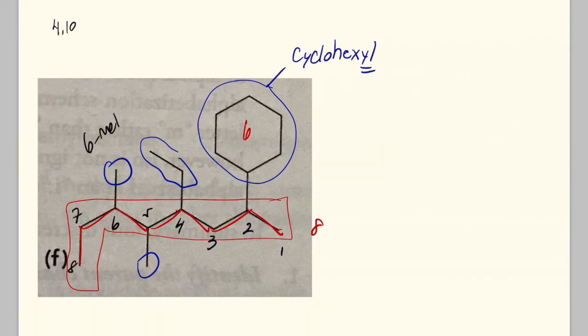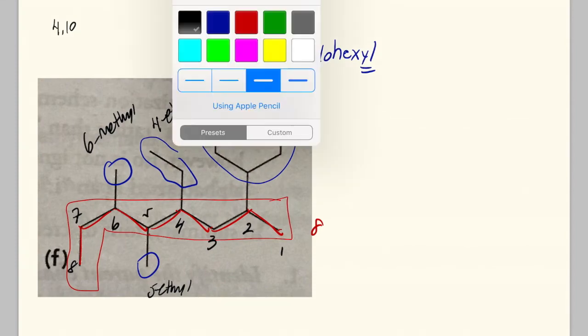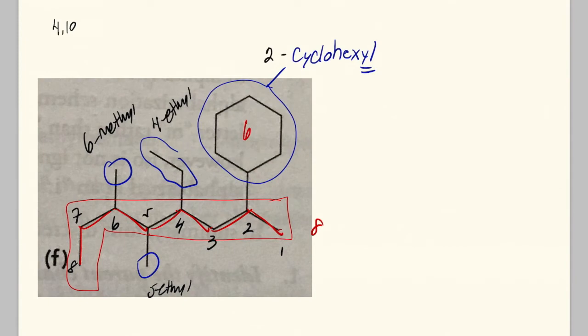We have a 6-methyl group. We have a 4-ethyl group. We have a 5-ethyl group. And we have a 2-cyclohexyl group.